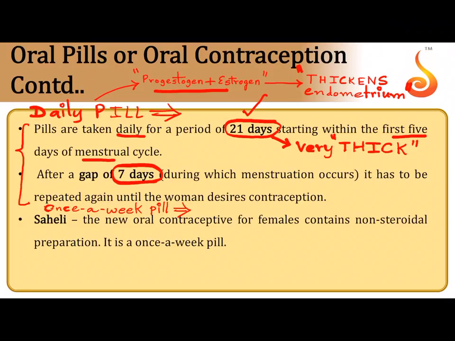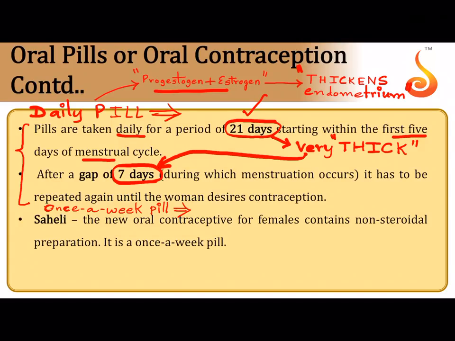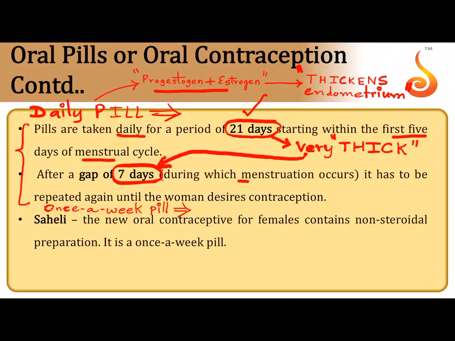It is called breakthrough bleeding. So to prevent that breakthrough bleeding, after 21 days, when her endometrium has become very thick, she has to stop taking the pill for 7 days. That will prevent the further thickening of the endometrium, and that will allow normal bleeding or menstruation to take place.